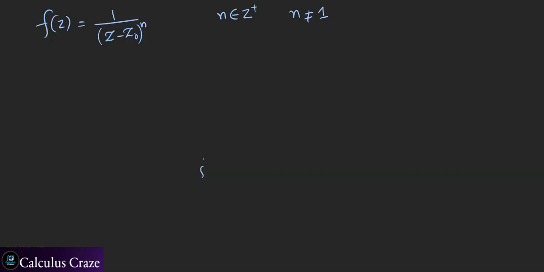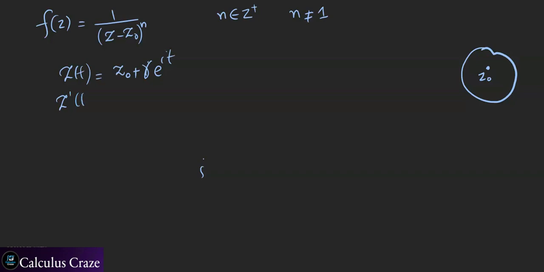Since my z naught is within the curve C, with the same assumption as above, we can also consider a circle z of t equal to z naught plus r times e to the iota t. And what is going to be my derivative? It is going to be r e to the iota t times iota, and my t is running between 0 to 2 pi.